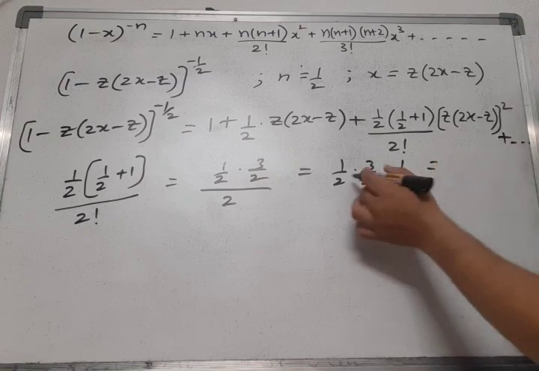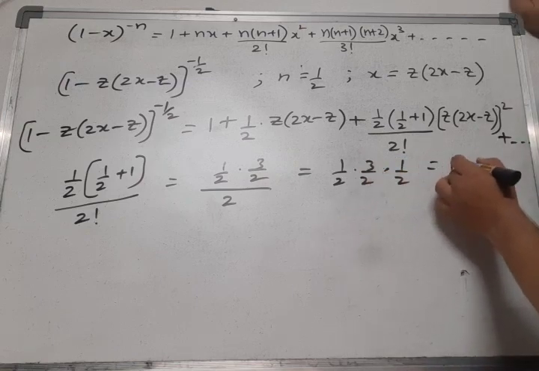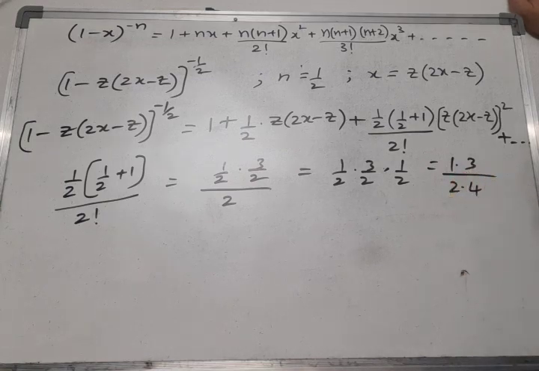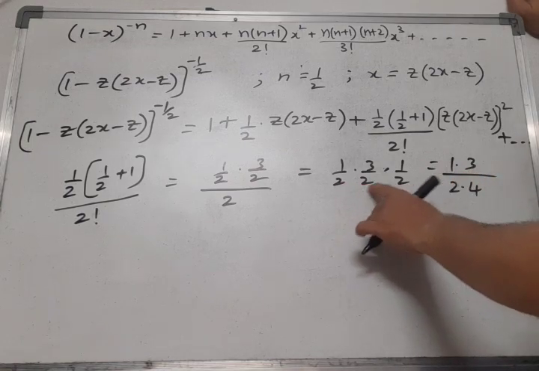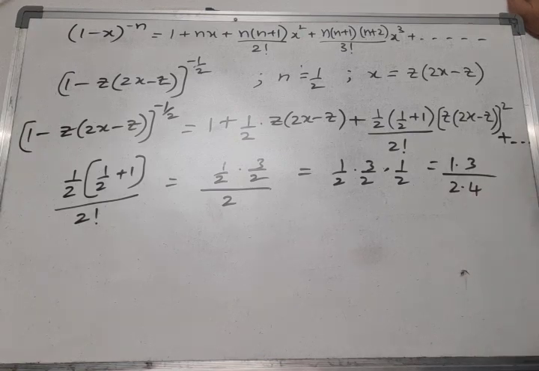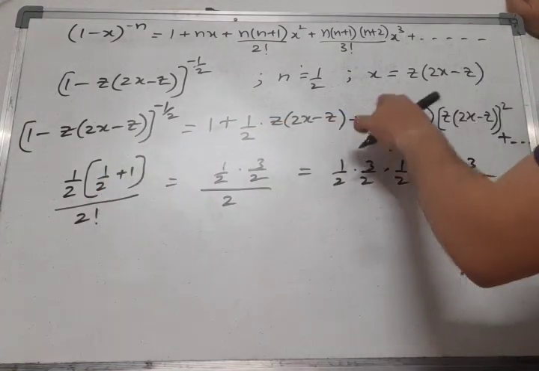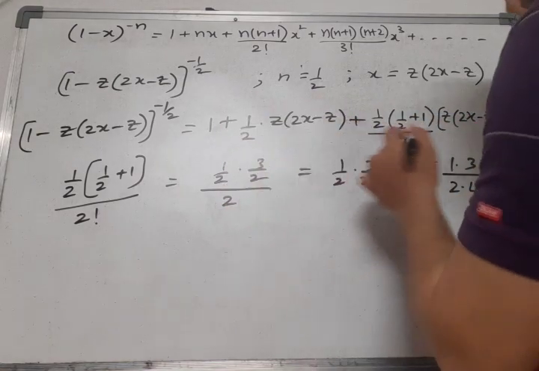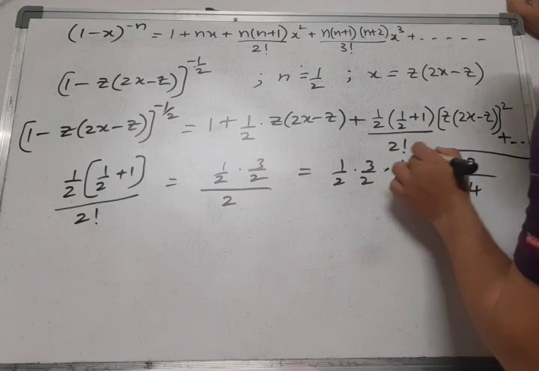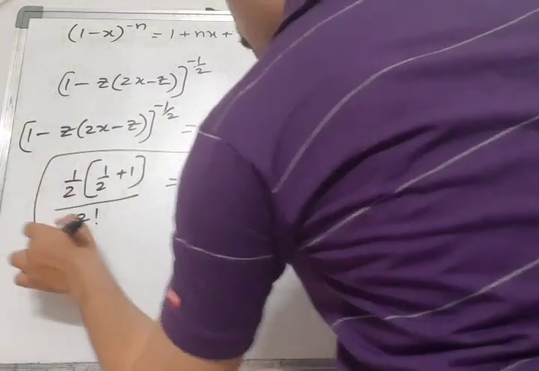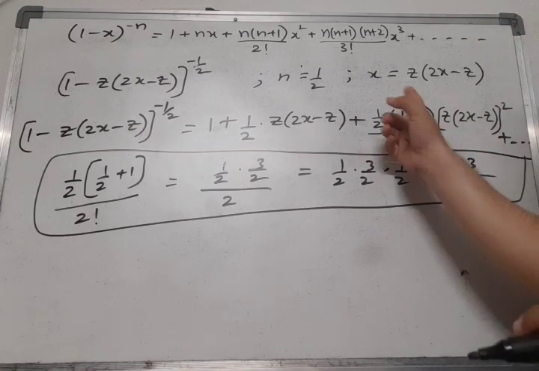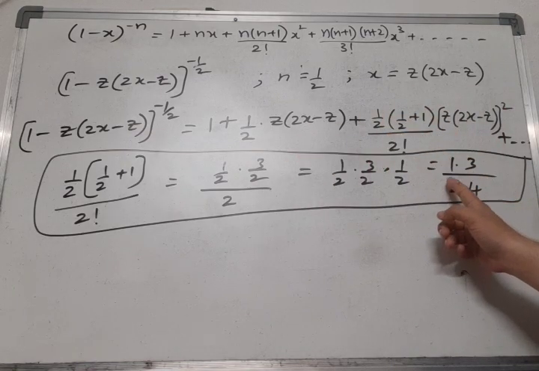So in total how much are you getting? 1 into 3 by 2 into 4. So I am writing like this. So this total term we can write like this. Okay. Now I am writing the next step. This is rough work for us. Now I am going to substitute this total term with this term.